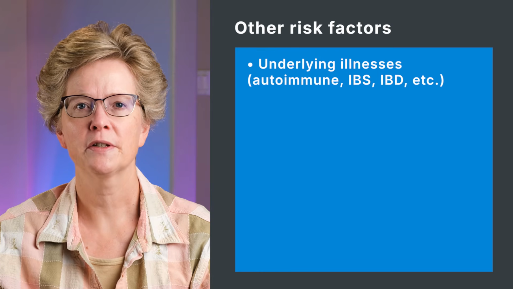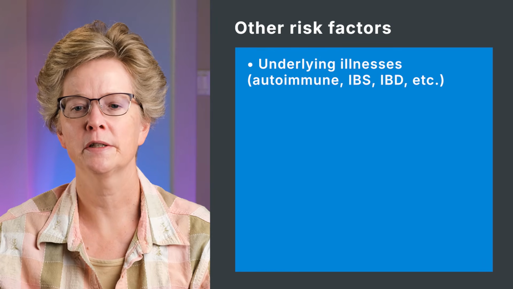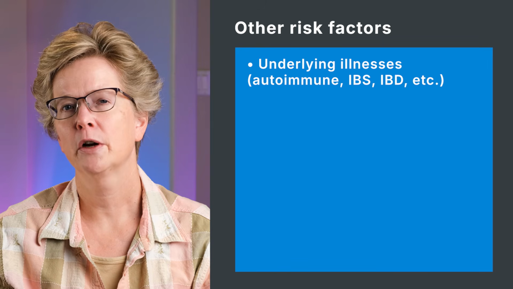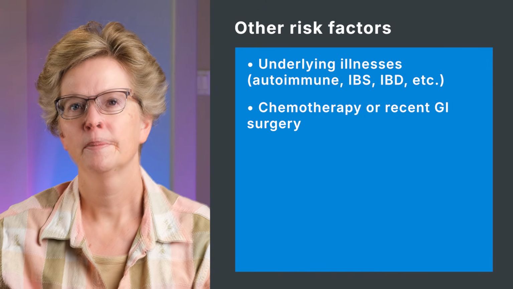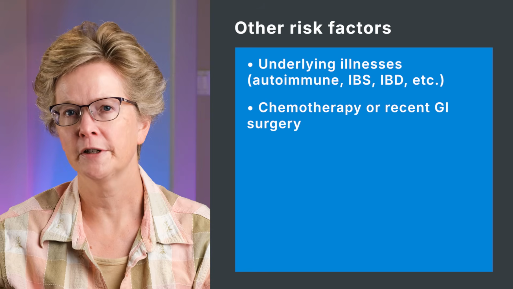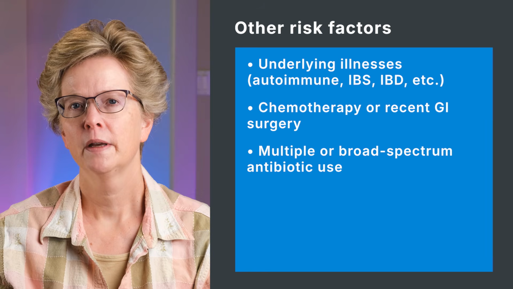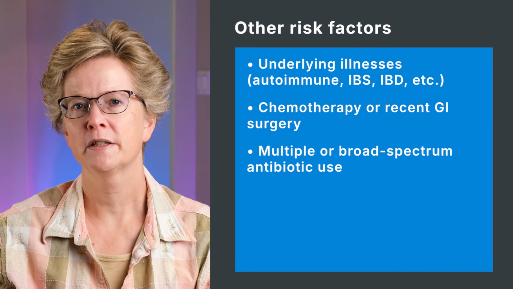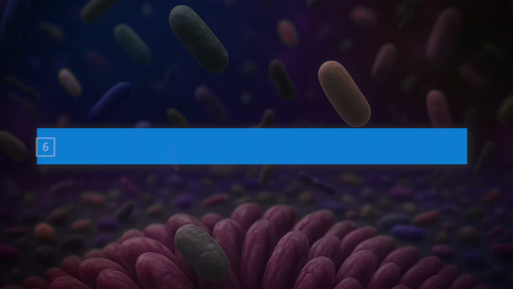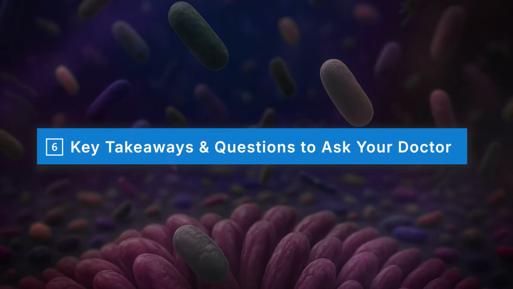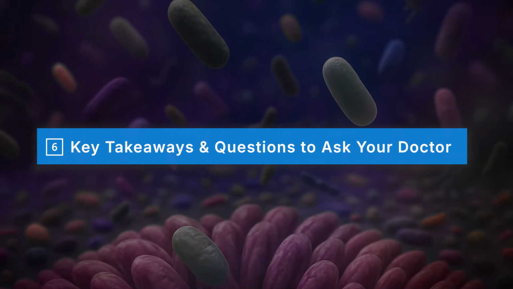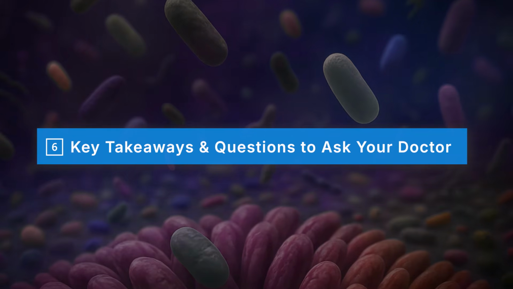People with underlying illnesses, especially autoimmune conditions, and those who are undergoing chemotherapy may be hit harder after using antibiotics. Now, these kinds of conditions can weaken your defenses and increase your risk for C. difficile. So it's important to remember that not all antibiotics carry the same risk for C. difficile.